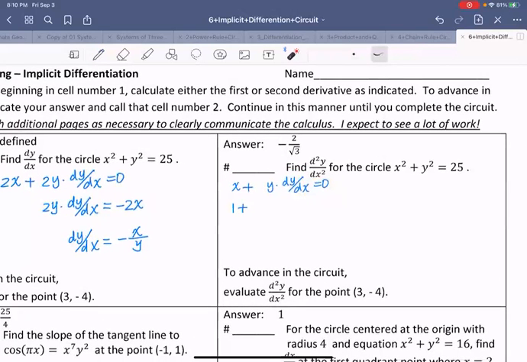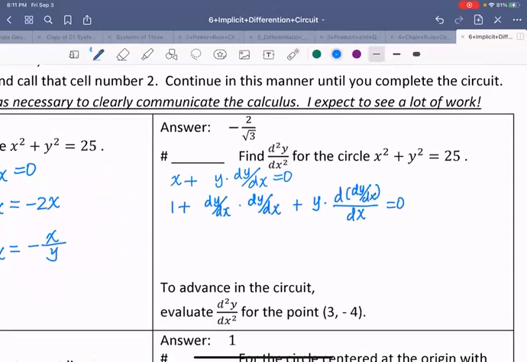This guy's derivative is dy over dx, copy down this, plus y times d squared y over dx squared, equals 0. Make sense?